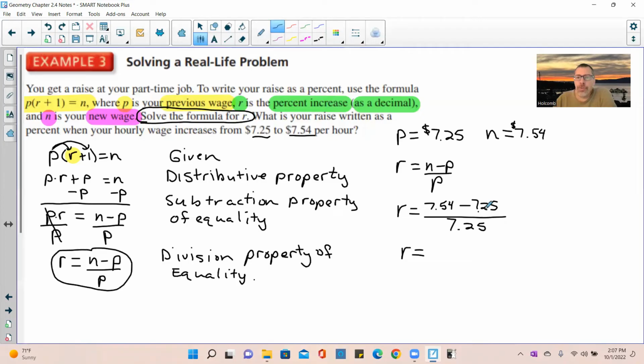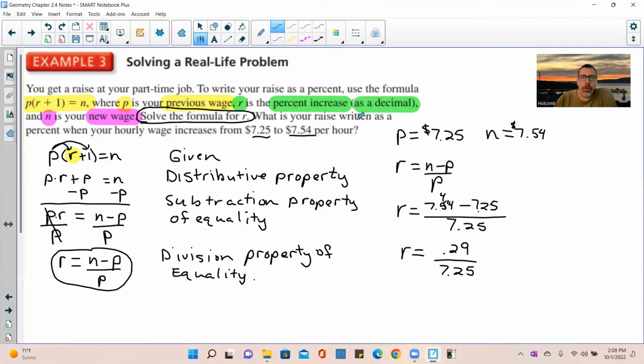The numerators group together. We do that first. I can't subtract 5 from 4, so I have to borrow from this tens. So that's a 4 now, and this is 14. 14 minus 5 is 9, and 4 minus 2 is 2, and 7 minus 7 is 0. So that's 0.29 over 7.25.